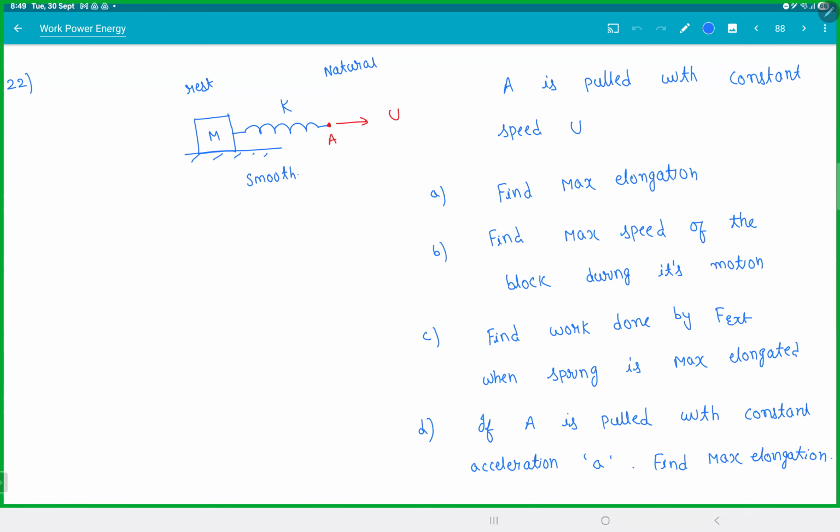Think. Yeah, I can't hear you, right? So is the motion of A starting from rest? Starting from rest. Okay.